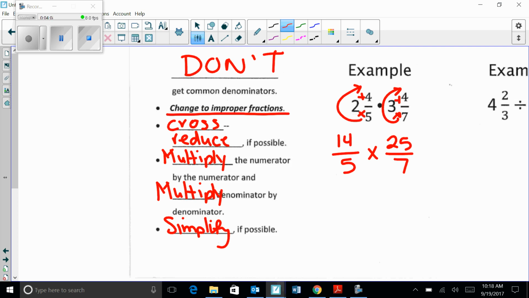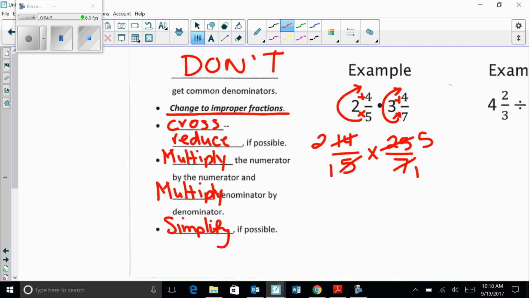So now I just have two fractions again that I go back and I repeat my steps from the first process. So I look and see if anything has anything in common in top and bottom to cross reduce. I know that 5 goes into 5 one time, 5 goes into 25 5 times, 7 goes into 7 one time, 7 goes into 14 twice.